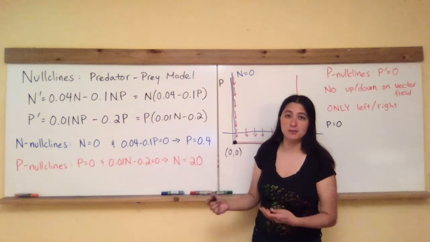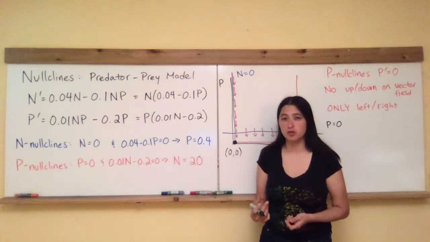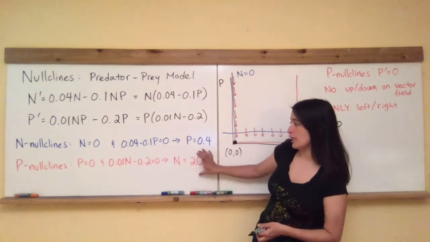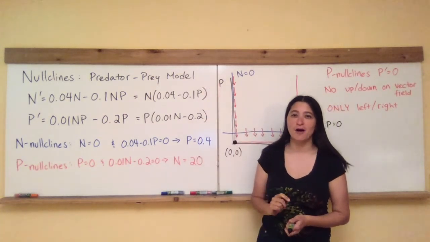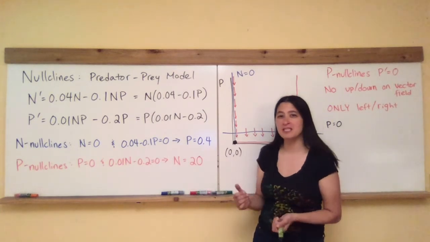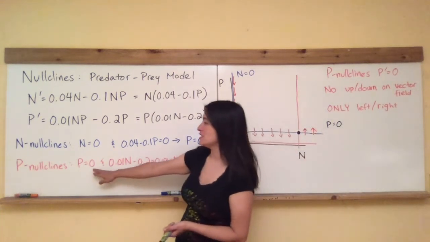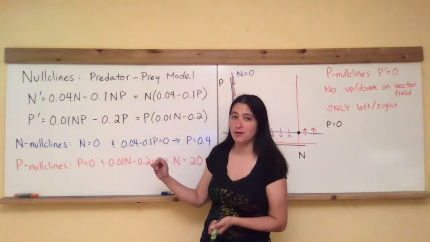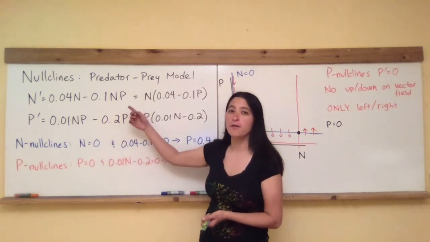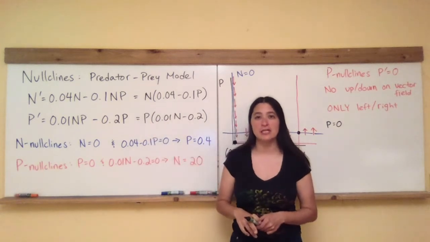So it's kind of an easy mistake to correct. If you find yourself taking a nullcline and plugging it into something and you get 0, you picked the wrong thing to plug it into. If you plug it into one of the equations, you're going to get 0 because that's where it came from. And then if you plug it into the other equation, that's when you're going to get the information that you're looking for.